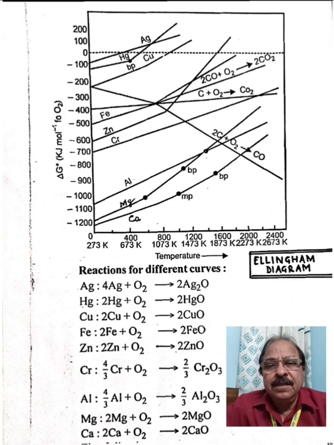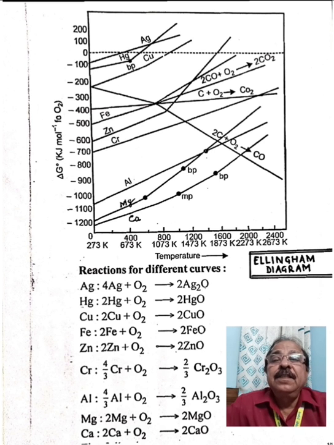Okay students, now I would like you to have a look at this Ellingham diagram. Along the x-axis temperature is taken, and along the y-axis the value of delta G naught F, that means standard free energy change for the formation of oxides, is taken.